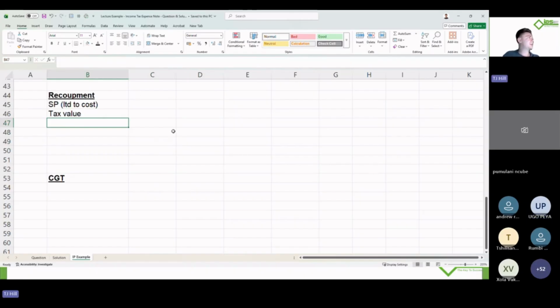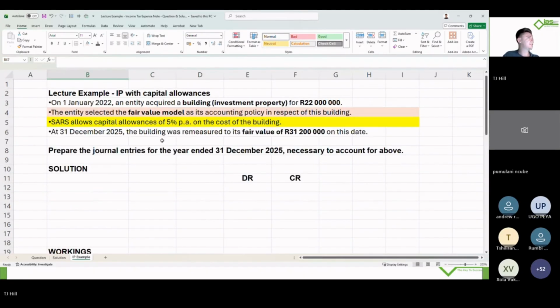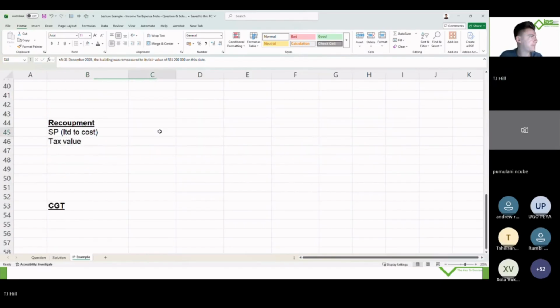Now I want you to picture the story here and the scenario. That is my cost, right? 22. And my fair value, which is basically a selling price, do you agree? Is 31. Okay. But what is my cost?